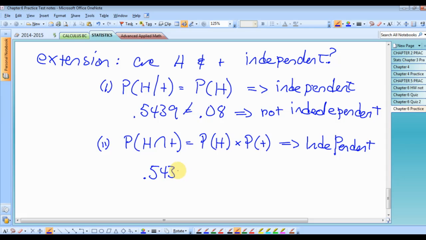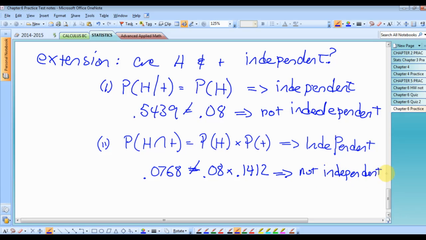No, no, no. H and plus was 0.0768, I think. 0.0768. Yeah. Is that equal to 0.08 times 0.1412? I don't believe it is. Therefore, not independent. Okay, so two ways of showing independence.